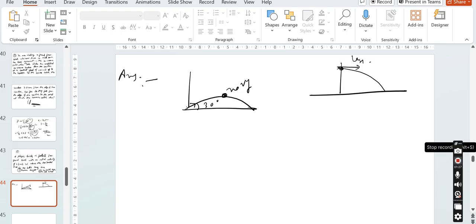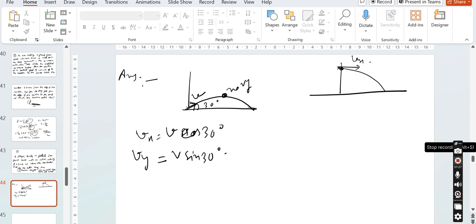But here, if the projectile was thrown at an angle with a velocity v, then Vx will be V cos 30 degree, and Vy will be V sin 30 degree.